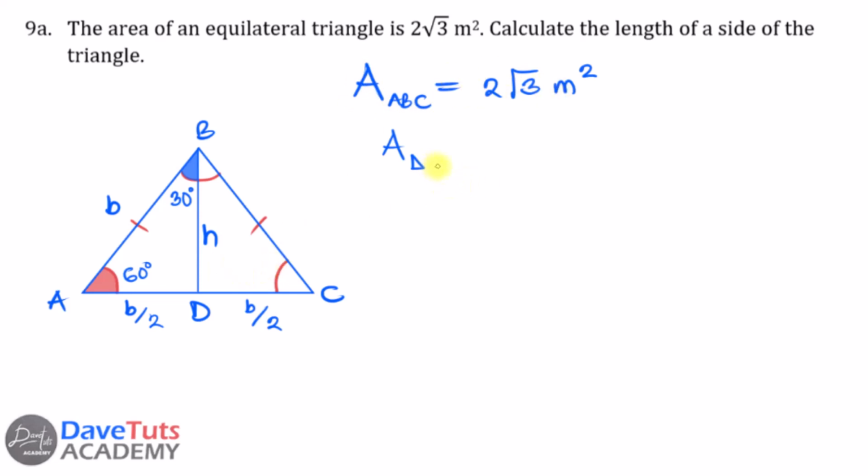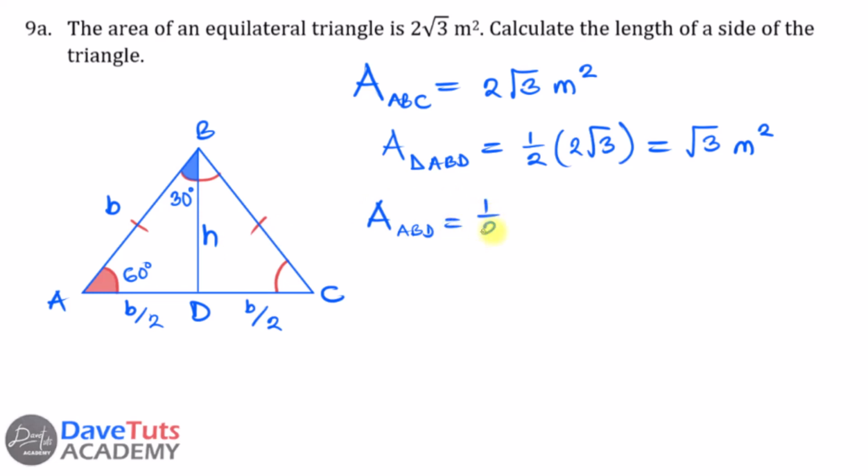Now area of triangle ABD, half of that, is going to be 1 over 2 into 2 root 3, which is equal to root 3 meters squared.